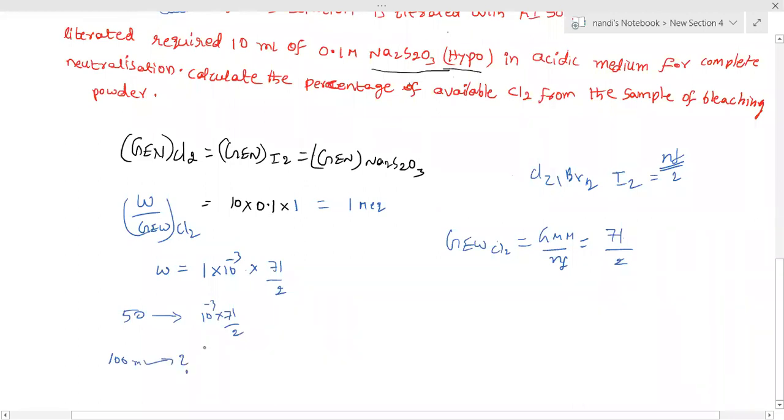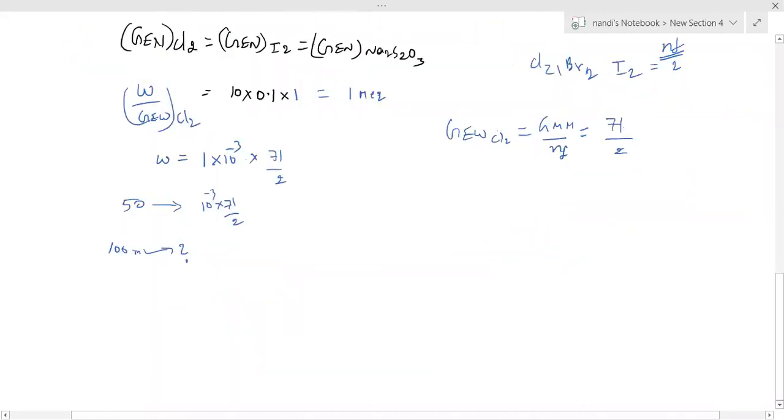Because they started with 100 ml; they dissolved in 100 ml. So x equal to 10 power minus 3 into 71 by 2 into 100 by 50. Is it correct? 2, 50, 100 will be cancelled.